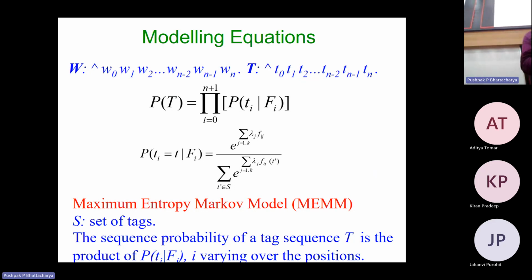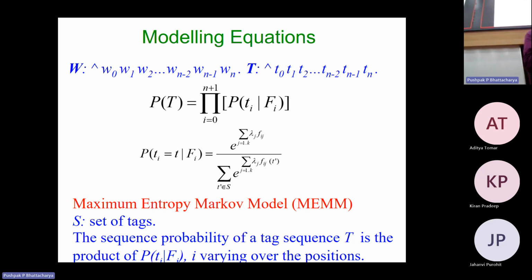It will be e to the power of the sum over j equal to 1 to k of lambda j f ij, divided by a normalizing factor. So what is this? This is the probability that at the ith position we have the tag t, as a function of various features that we have got at position number i.